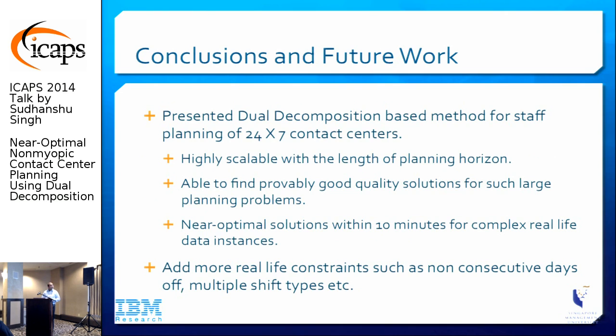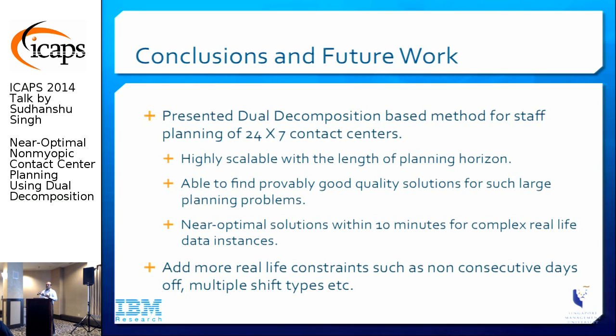So to conclude, we looked at a problem that is very difficult to solve as a whole. We used a dual decomposition based method for staff planning of 24/7 contact centers. Even if the contact centers are not 24/7, this approach is still valid because, like I said, there is always work dependency between weeks.